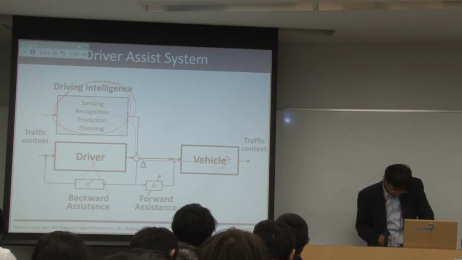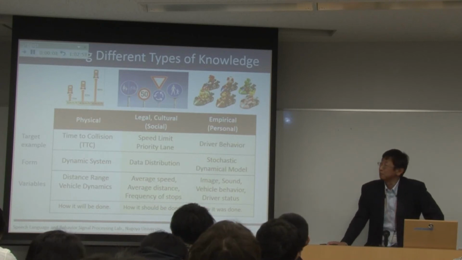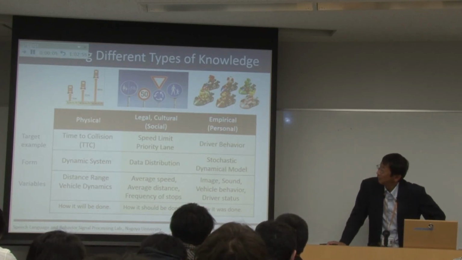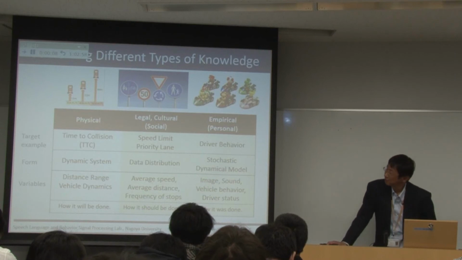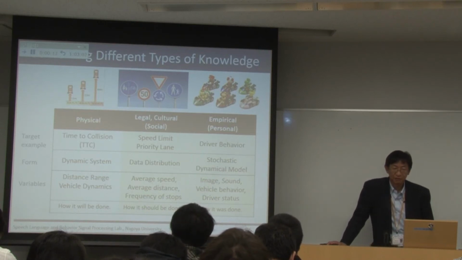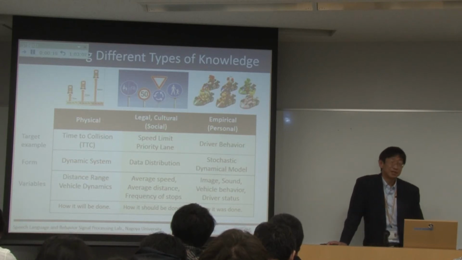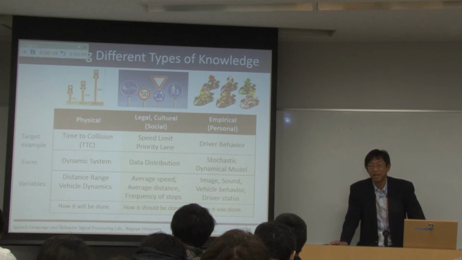And the issue is that we need to handle different types of knowledge, not only physical knowledge, but also legal or cultural knowledge on driving. And also empirical knowledge is very important for the naive driver.